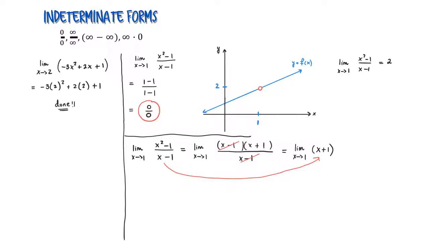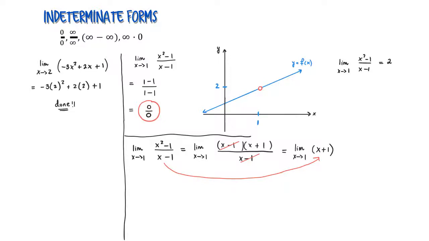Only at 1 is where they don't happen to be identical. Other than that, those two functions, the original one and the final expression that I have here, are identical. For every x, you're going to get the same y, except at 1.